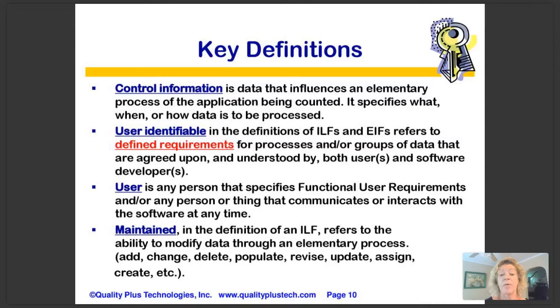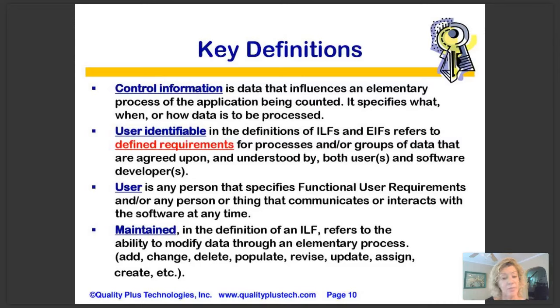So if I have a requirement that says I need to see all employees earning greater than 1,000 ringgits, then control information says all employees greater than 1,000 ringgits. And that's what we would take a look at. Control information is part of external inputs, and it can be part of external outputs or queries as well. So control information is data that influences an elementary process.